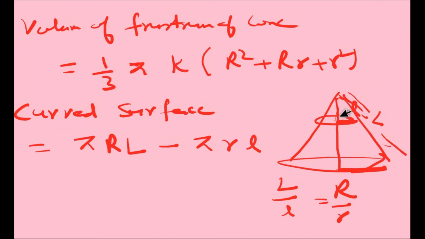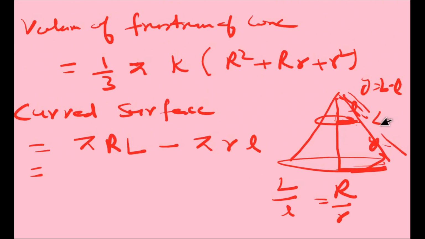Okay, using this similar triangle we can find the ratio L upon small l equal to R upon small r. Okay, then now let it be y. So y equal to L minus l. So using this formula we can write L equal to l plus y.